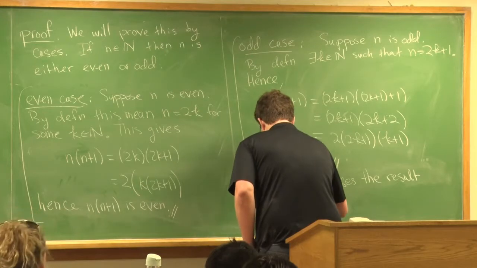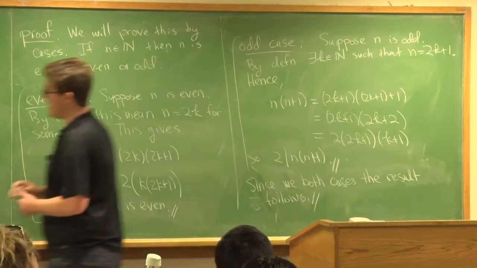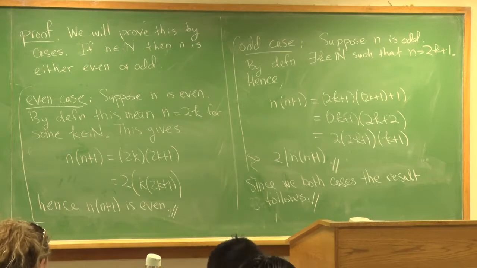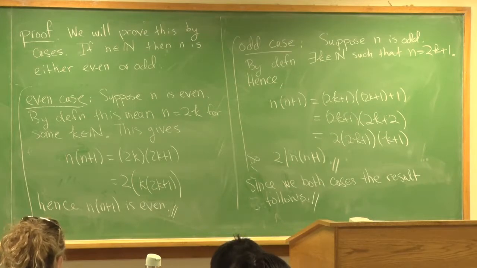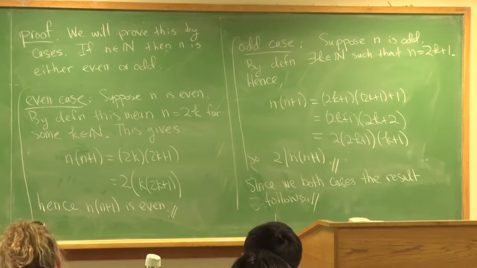We showed that n times n plus 1 is always divisible by 2. Does that make sense? It's always divisible by 2 because it's 2 times something. That's the definition of divisibility. It factors as 2 times some junk, right? We don't care what the junk is. It just needs to be 2 times whatever.